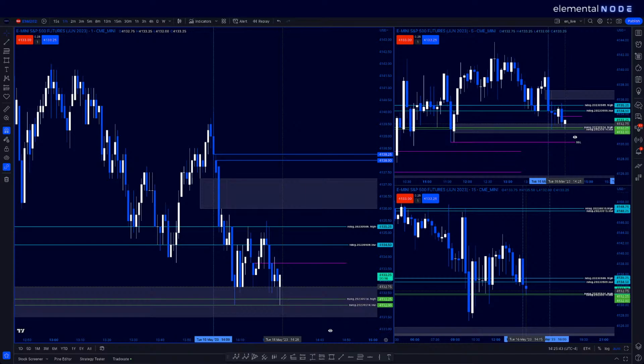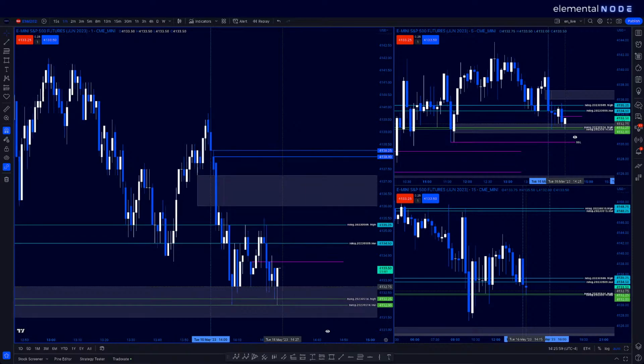So we got that close below that magenta line, but I'm still not happy with that new week opening gap. So we tapped our line.